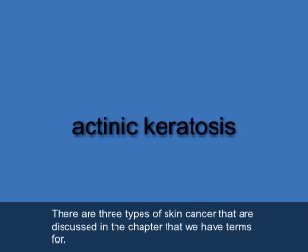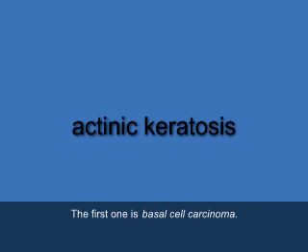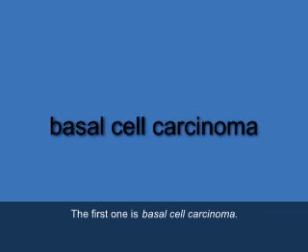And then there are 3 types of skin cancer that are discussed in the chapter that we have terms for. The first one is basal cell carcinoma, BASAL, cell, CELL, and carcinoma, CARCINOMA.